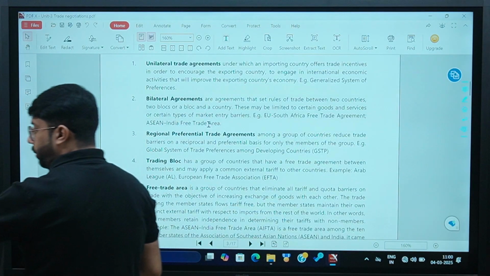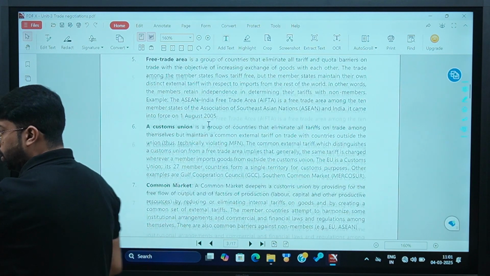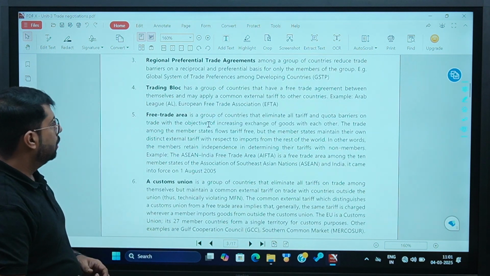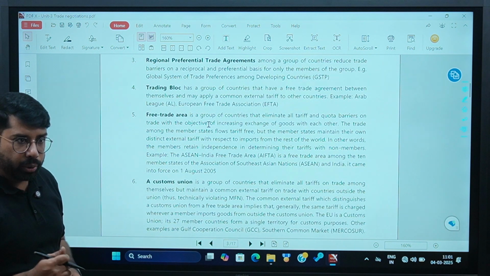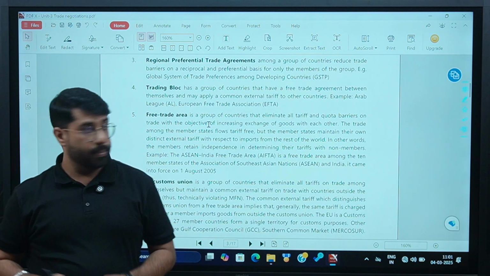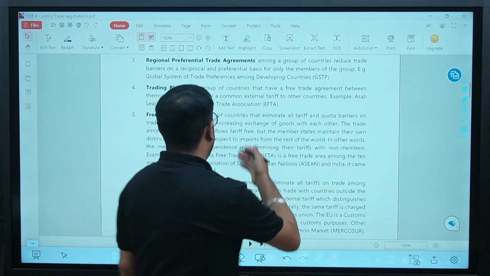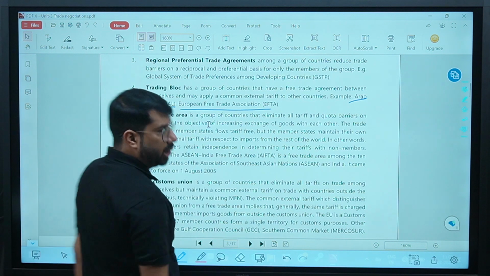Coming to the fifth part, that is the free trade area. Once again, you want me to explain. The example is the Arab League, AL, or the European Free Trade Association.